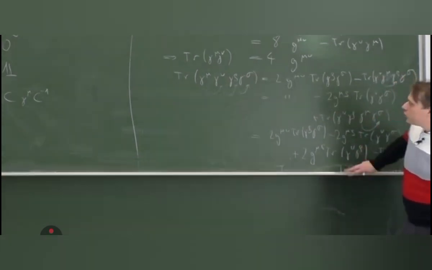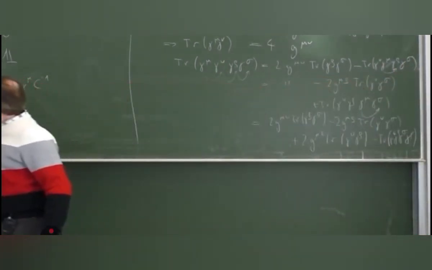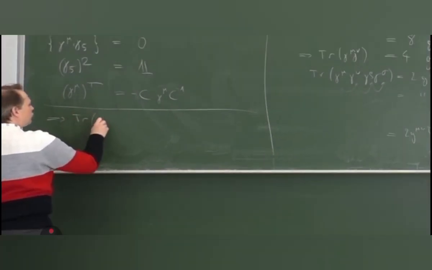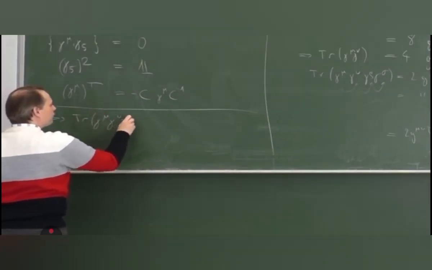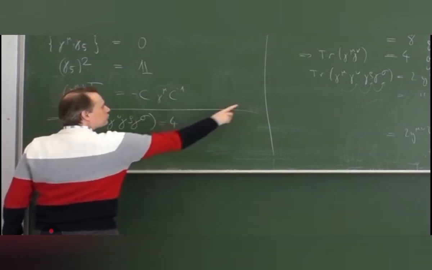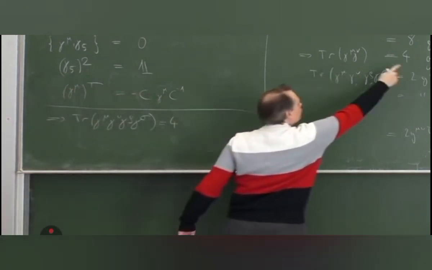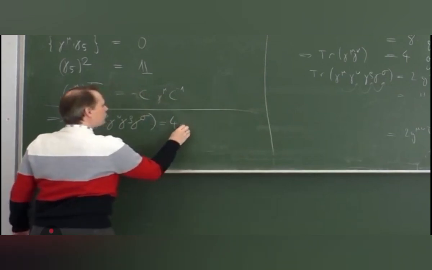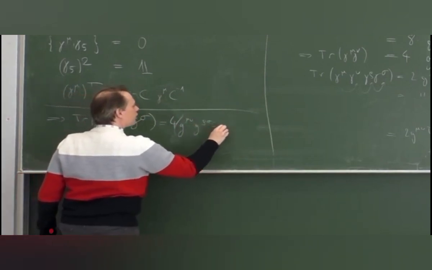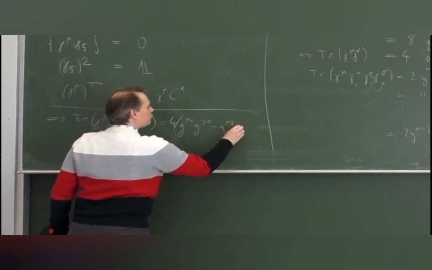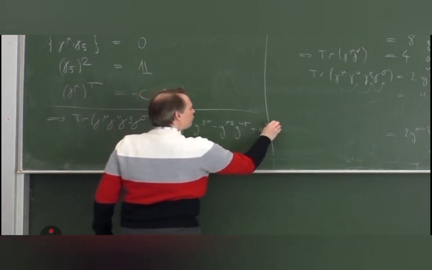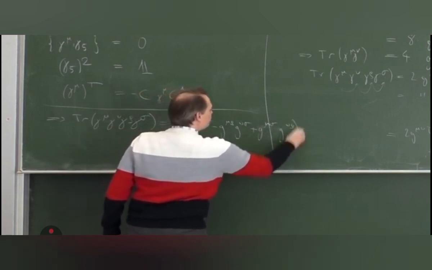So if we write down the full result here, then the trace of these 4 gamma matrices is the following: 4, the 4 comes because of the trace of the unit matrix, times G mu nu, G rho sigma minus G mu rho, G nu sigma plus G mu sigma, G nu rho.